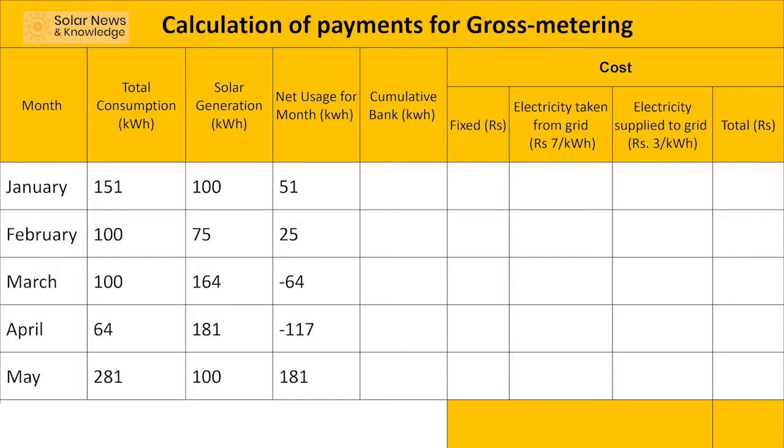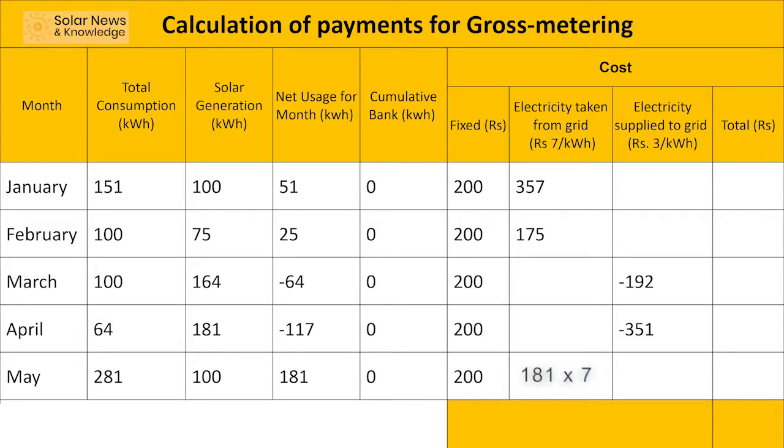But the difference in this case is that you cannot bank it, you cannot store it. As a result, whenever you are exporting to the grid, you will get paid by the DISCOMs at a rate, let's say 3 rupees per unit, and this rate is yet to be fixed. We do not know exactly how much, but it is certainly lower than the grid electricity rates.